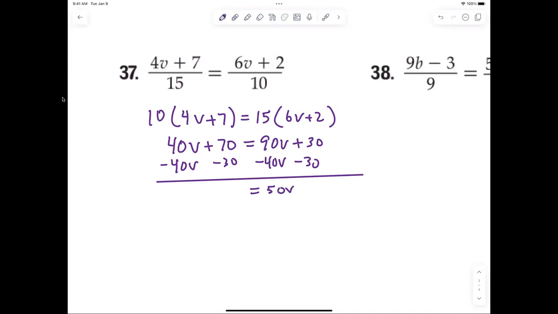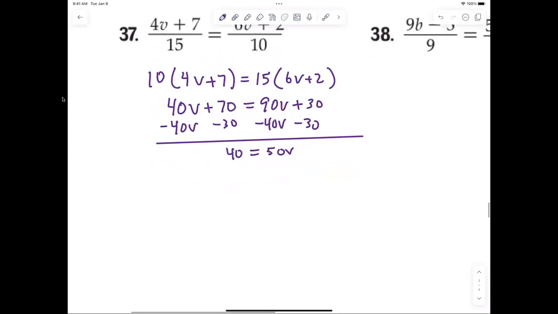And then 70 minus 30 is what? 40. Now we have to divide both sides by what? Well, we could do that, but let's just go ahead and divide by 50. And now we can cross out. So V was equal to what? 4/5.